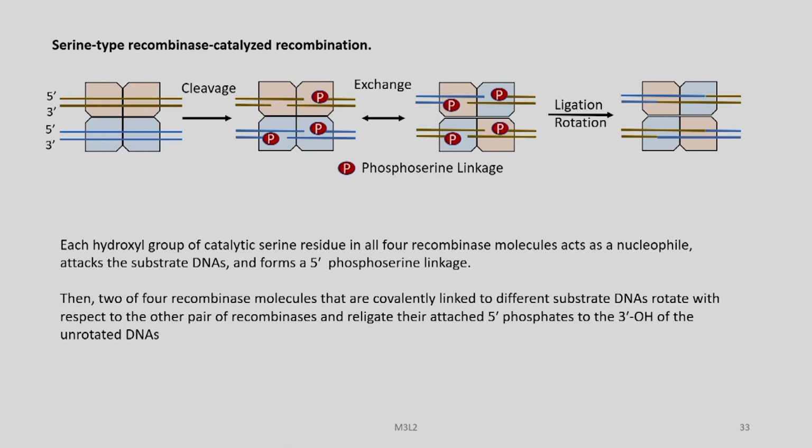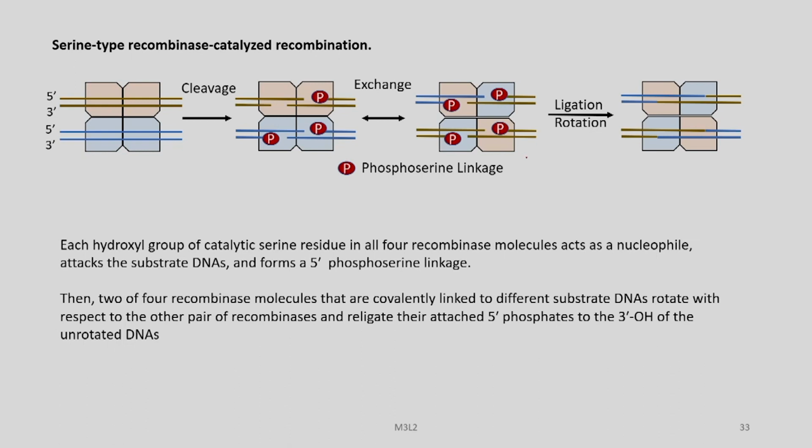Each hydroxyl group of the catalytic serine residue in all 4 recombinase molecules acts as a nucleophile, and it attacks the substrate DNAs and forms 5' phosphoserine linkages as shown over here, and then ligation and rotation take place, and then the products are formed. 2 of the 4 recombinase molecules that are covalently linked to different substrate DNAs rotate.